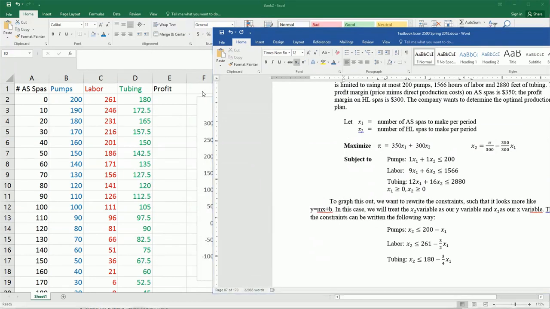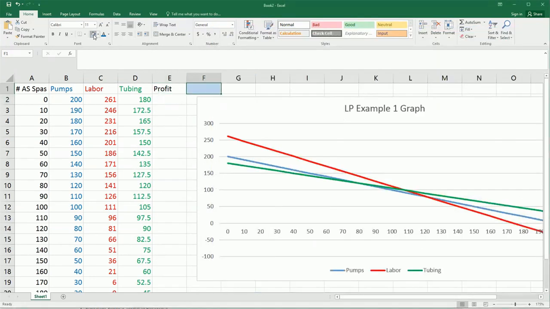But notice I don't know what profits are. So I'm going to highlight this as blue, and I'm going to draw upon those profits, a number I put there for this equation. So profits equal, well, it's this. I'm going to anchor that, divided by 300 minus 350 divided by 300, times x1.